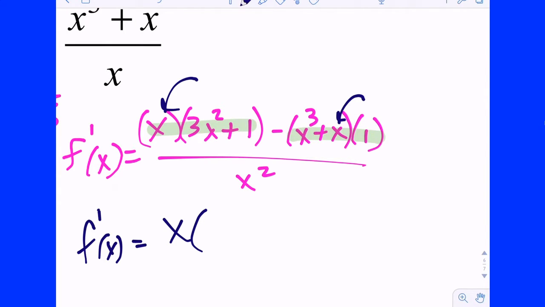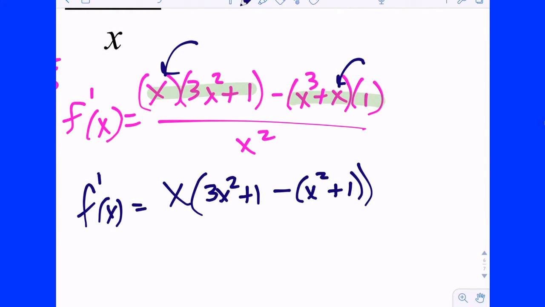Look for common factors. So I pull that out, and I'm left with 3x squared plus 1. If I factor an x out of x squared plus 3, I'm left with minus the quantity x squared plus 1. Correct? And you can even maybe do two things in one there. You can distribute the negative and say that it's x squared minus 1 if you're comfortable doing that.